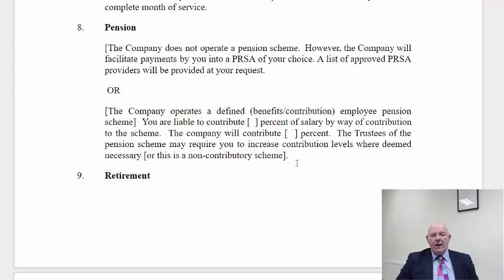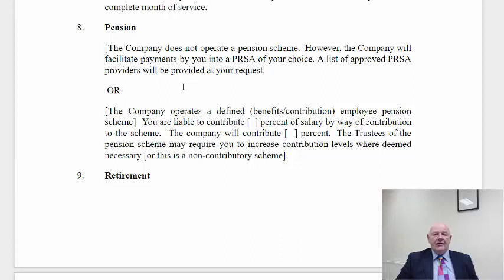The situation in relation to pension in Ireland is that there's no obligation on the employer to provide a pension. However, the employer should make provision for payment by the employee into a PRSA. This is a private pension situation for the employee.